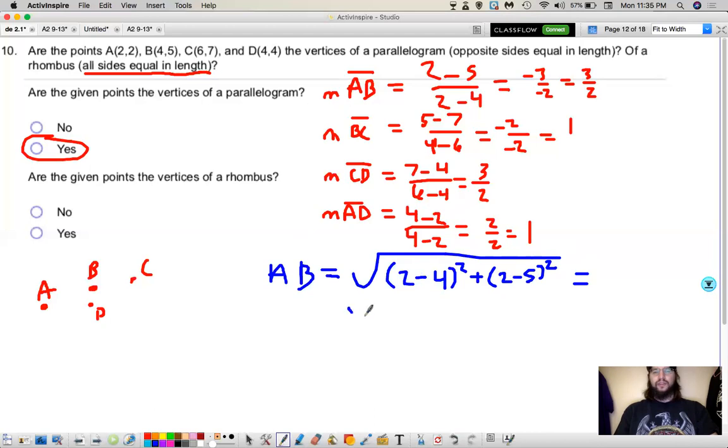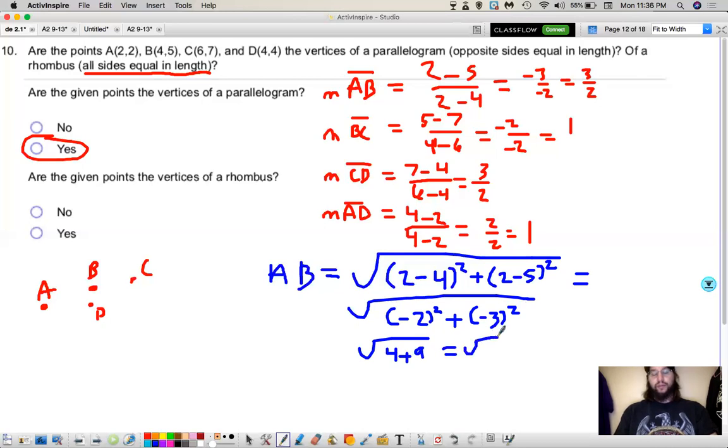Well, that's the square root of -2 squared plus -3 squared, so 4 plus 9, so that's the square root of 13. Yes, use a calculator. Look at you, Abby. All right, so there's square root of 13. Who cares? That tells us nothing right now.